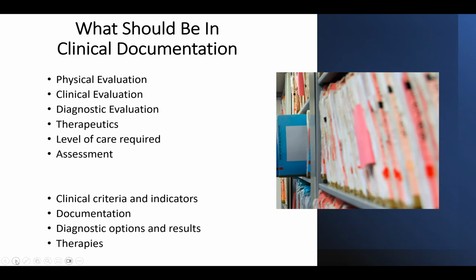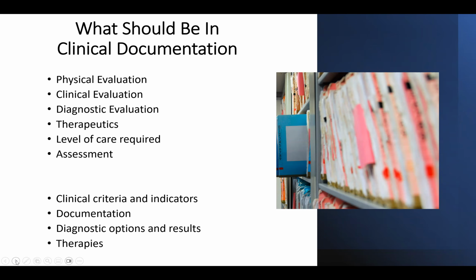Clinical evaluation would certainly be reviewing either labs or things that are recorded that are not necessarily a direct observation of the patient itself. Diagnostic evaluation, results of different diagnostic studies, whether they be labs, imaging, or electrophysiologic, like EKGs.